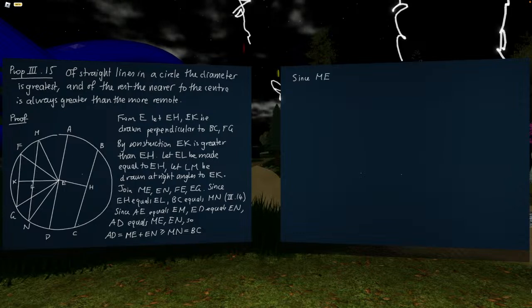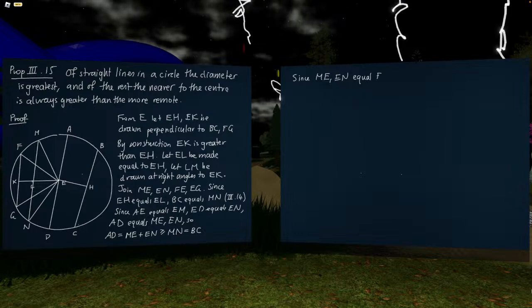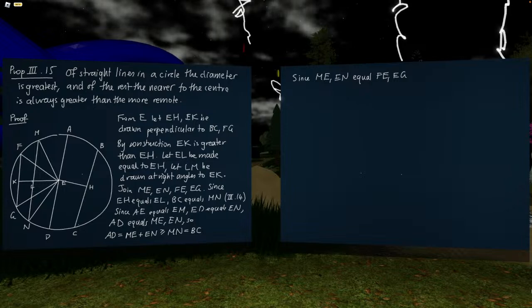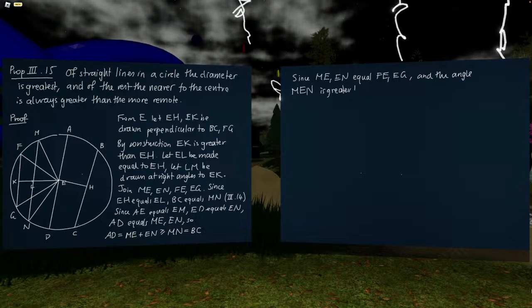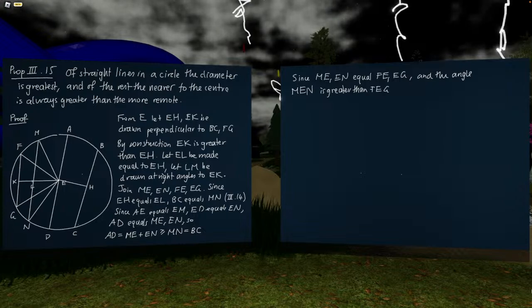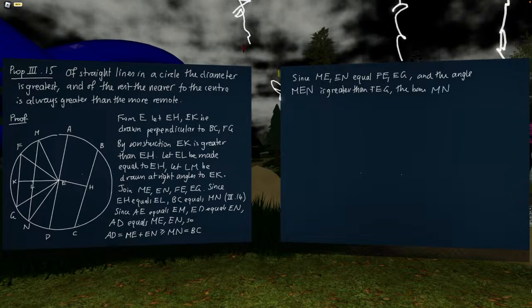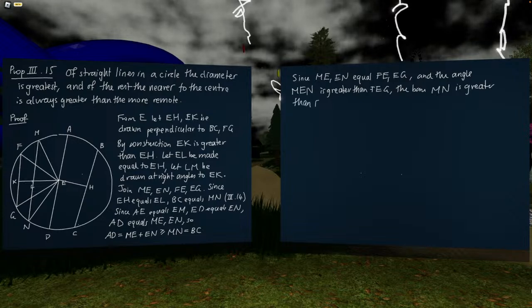So since ME, EN equal respectively FE, EG, because they're all radii, and the angle MEN is greater than FEG, the base MN is greater than FG.